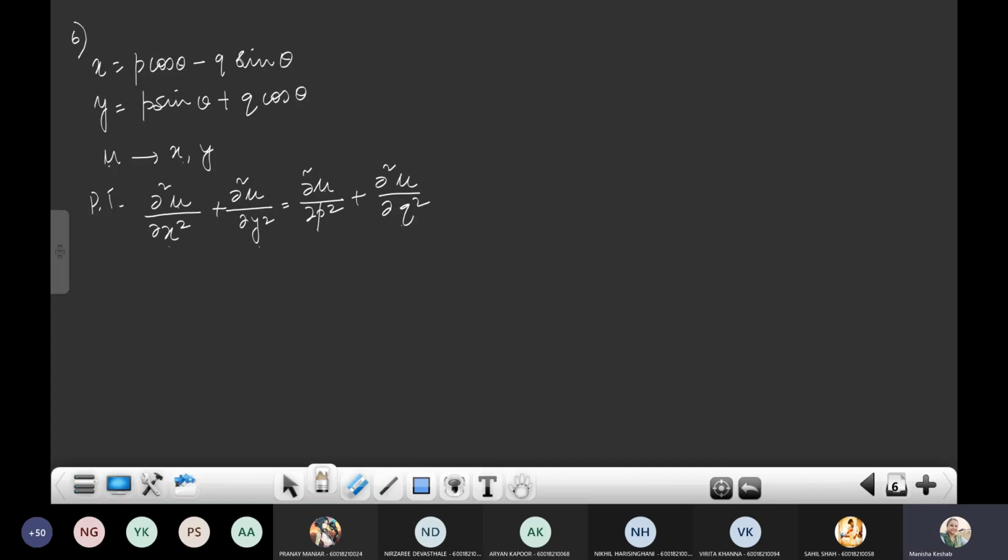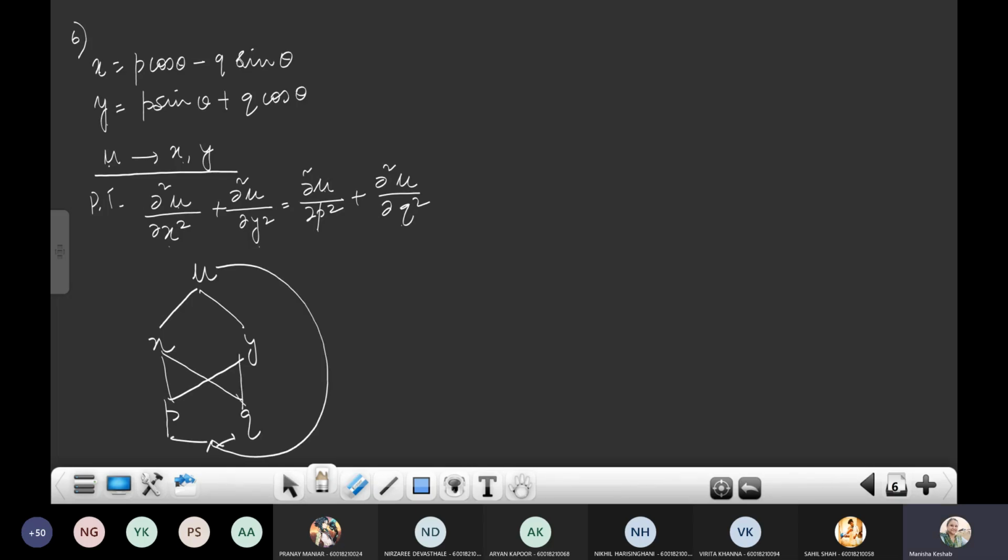So let us write. u is a function of x and y, ये हमारे पास दिया हुआ है. And from here we can see x and y are functions of p and q. So therefore we can say that u is a composite function of p and q. That means we can easily find del u del p and del u del q.